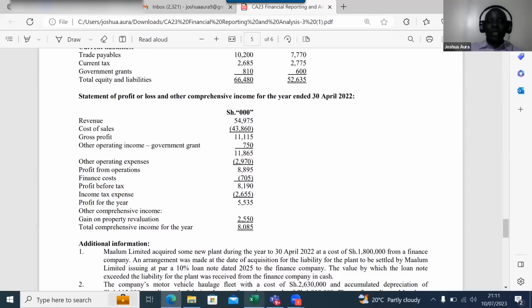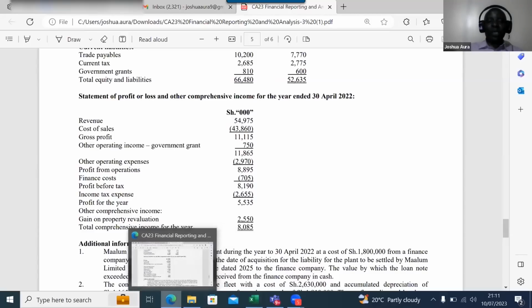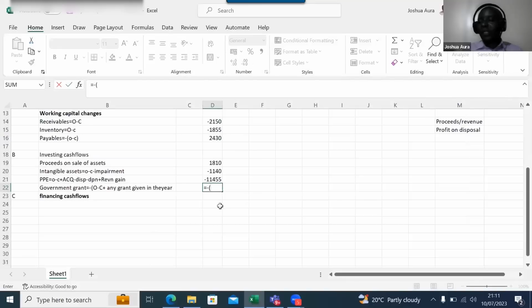So in this case, we have 810 plus 600, those are opening government grants. I'll say minus 3150.